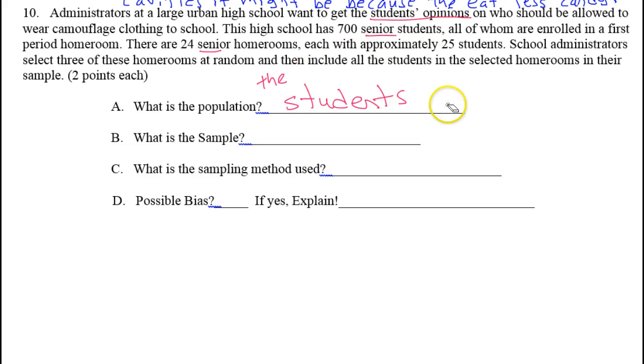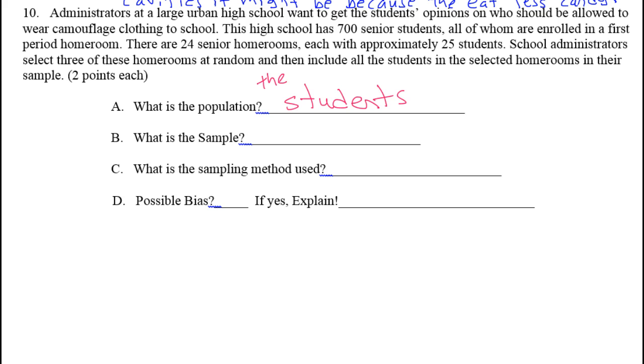So the seniors must be the population. But what you're really dealing with is a source of bias, which will come out later. So yes, we want to know about the students, not just the seniors, all the students. And the fact that we're only asking seniors is a problem, and that's called bias, which comes at the end. Okay, now let's move on and talk about the sample.